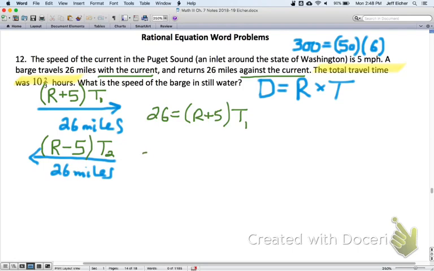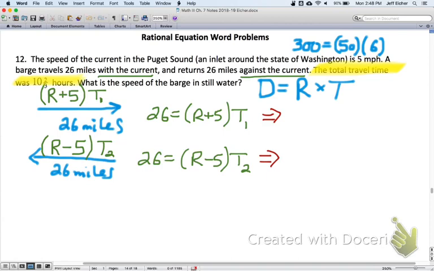And then coming back, we have 26 miles, and that equals the rate minus 5, times the time to come back, which is T2. Those T's, those capital T's, are going to be different because it'll probably be faster with the current and slower without the current. So as I was saying before, we have this information about total time was 10 2/3 hours. So let's solve these equations, both of these.